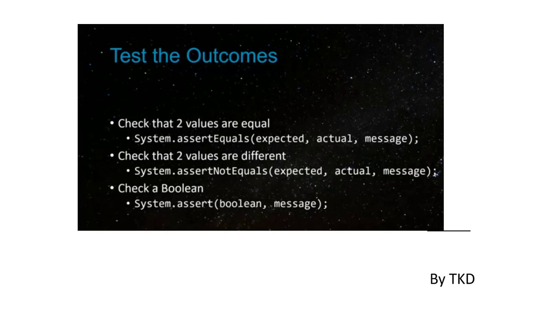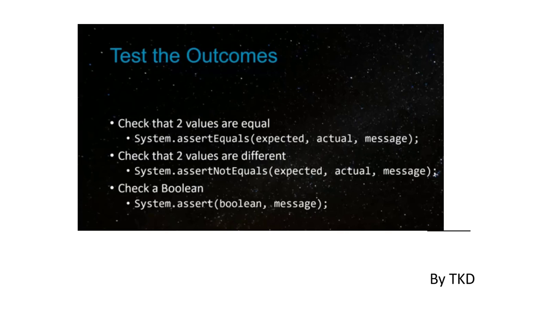Now System.assertEquals takes in three parameters, basically the anticipated value, the actual value, and then a message for errors if they are not equal, and validates if those two are actually equal.